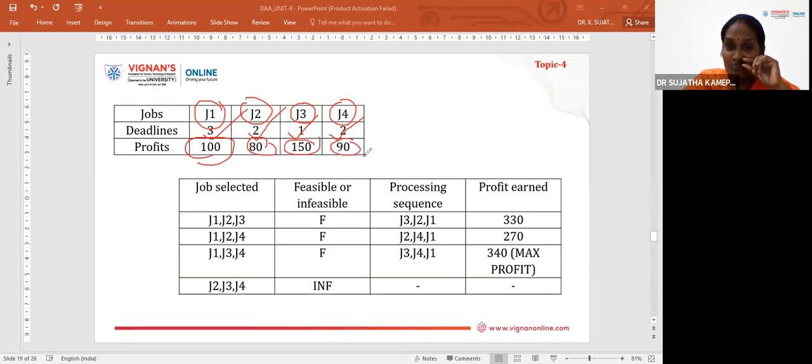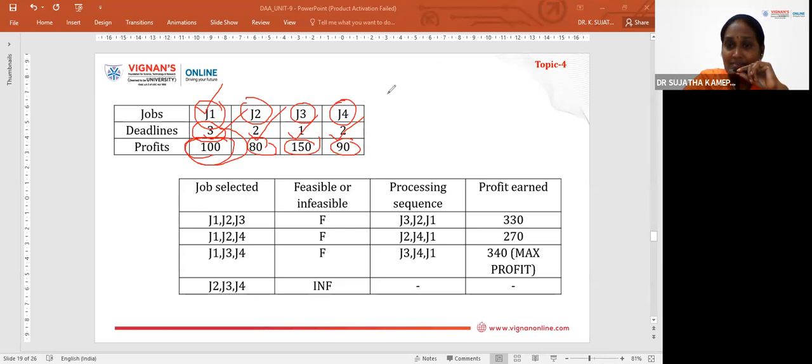Let us assume that this is a real-time application, such as taking a Xerox. One person wants to take a Xerox, and he will pay an amount of 100 rupees for it, and he can wait up to 3 hours.